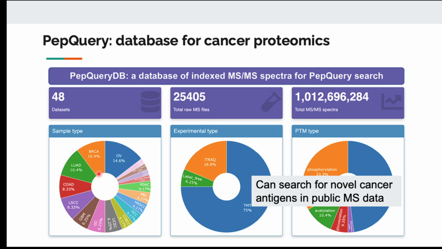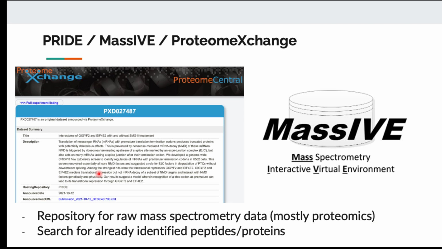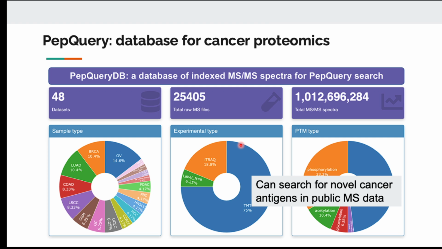Usually a mass spectrometry server doesn't allow you to search for your peptide because that's computationally consuming. But for PepQuery, because they focus on only a small subset of cancer-related proteomics, they implement the function for you to search for a specific peptide or protein.